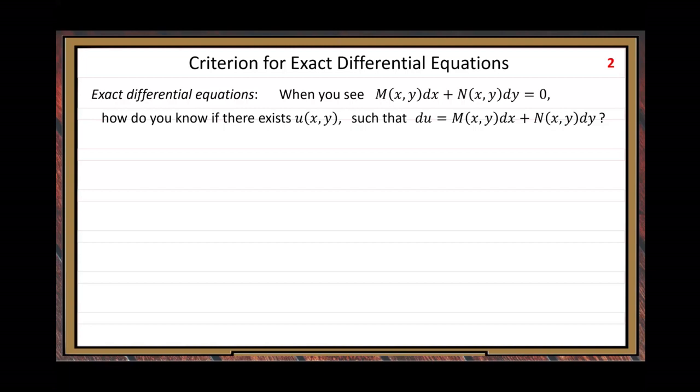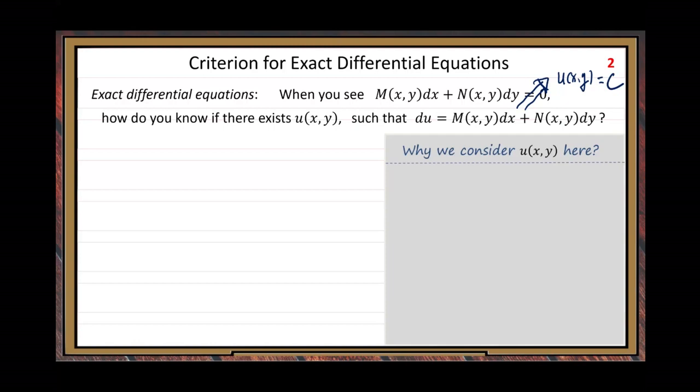If you can get this step, you can write out a solution immediately. But we need to make sure we have this property. So let's see what criteria we need here.